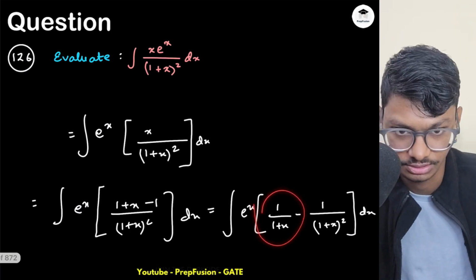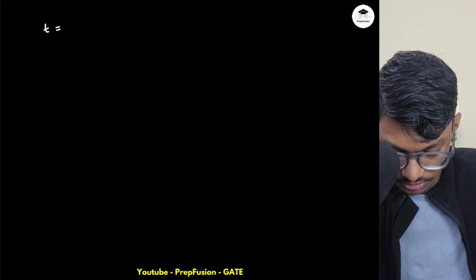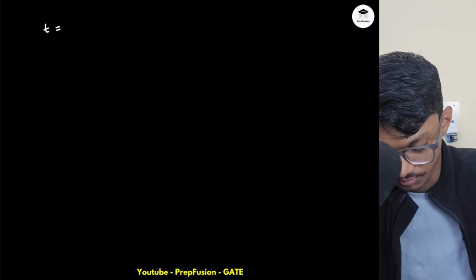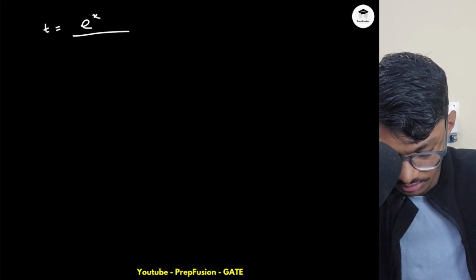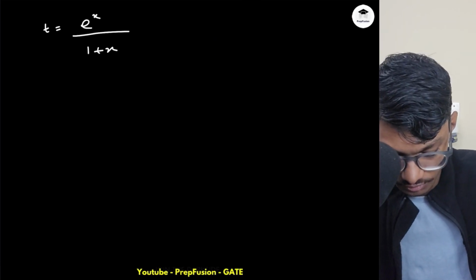That you are substituting your f of x. So yeah, you can simply do that if you write your t equals to e raised to power x by 1 plus x. So what will be dt?